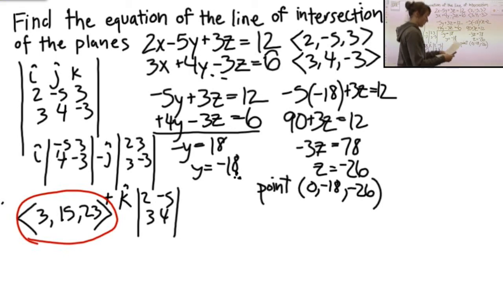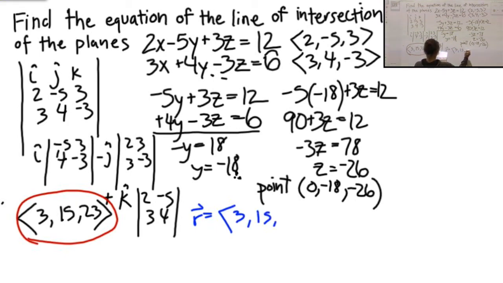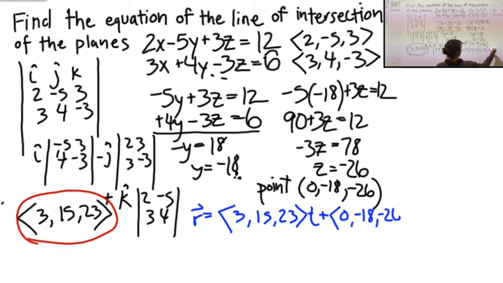So we're going to get r, because we want a vector, is equal to our direction vector we just found, 3, 15, 23, times t, plus that point we found, which was 0, negative 18, negative 26. And that's our final answer.